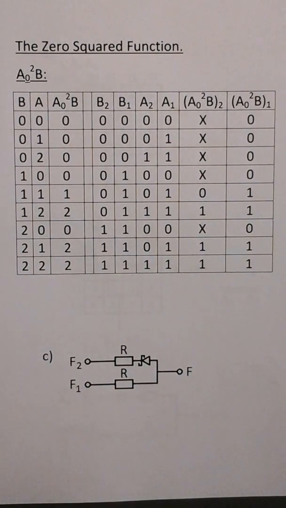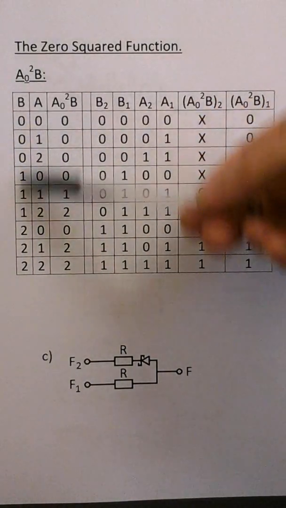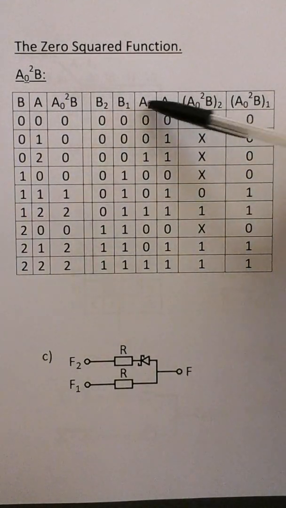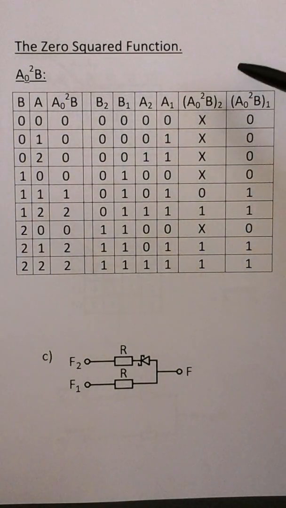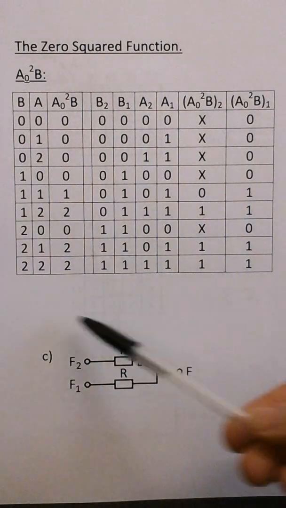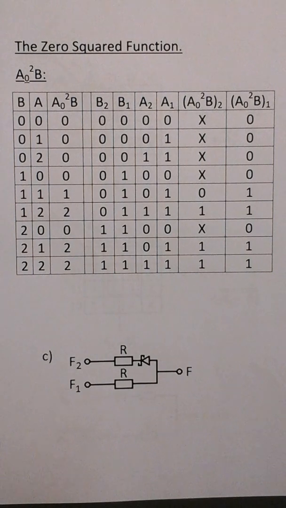Next we have the zero squared function, sorry. Here again we have inputs A and B, and the output is A0 squared B. A1, A2, B1, B2 as before. And I'm using output diode resistor network C to implement the output coding for A0 squared B2 and A0 squared B1.